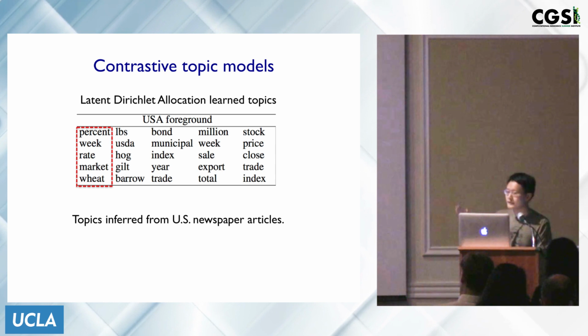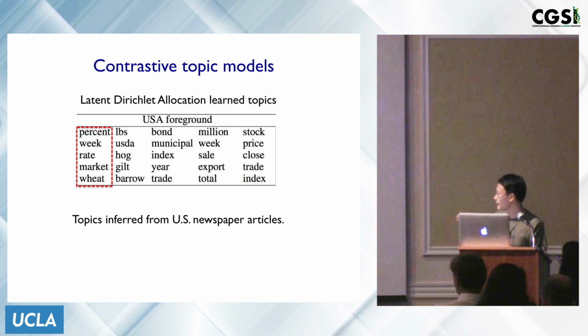The input into the data set would just be a large corpus of documents. In this case, I have some documents from a particular set of US newspaper articles. And the columns here correspond to the top 5 topics that are inferred by running vanilla LDA on this corpus. So you find a lot of basically finance-related, financial market-related topics.